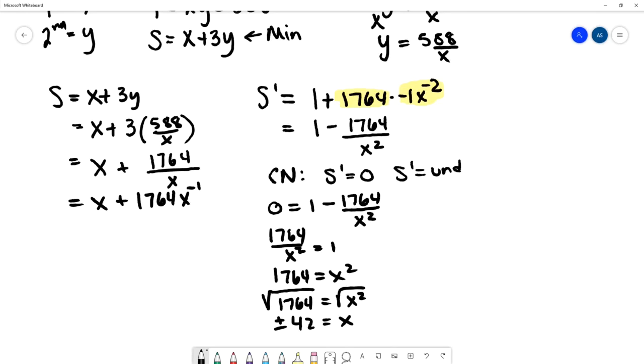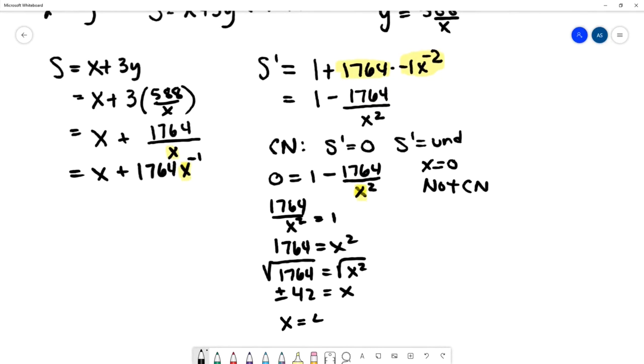Now the derivative is undefined at 0. But 0 was also undefined in the original function. So x equals 0, even though it does make our derivative undefined, is not a critical number. So we just have one critical number to consider.